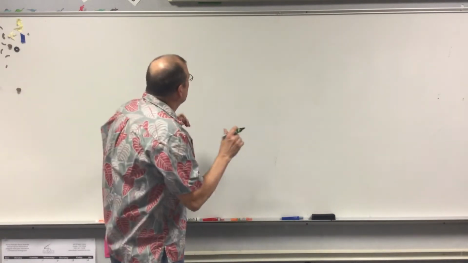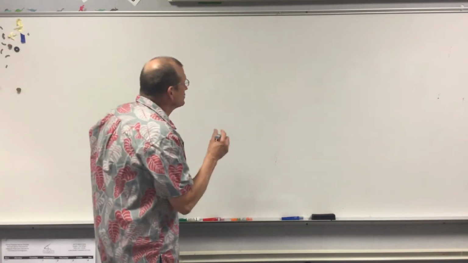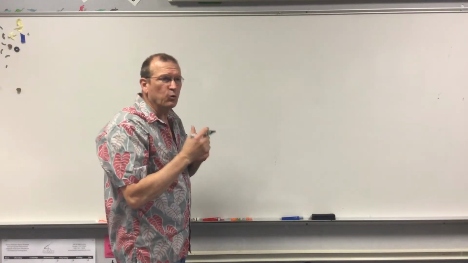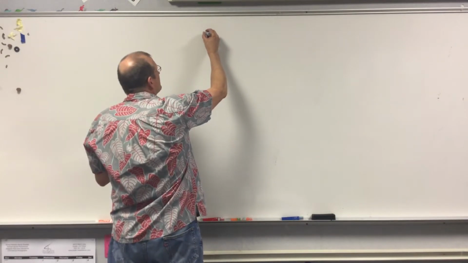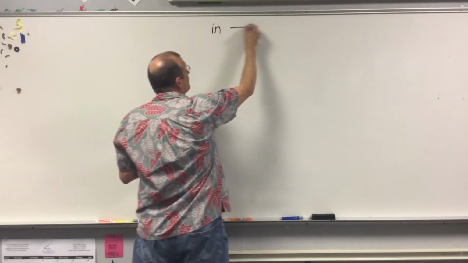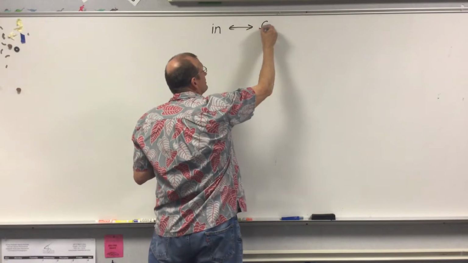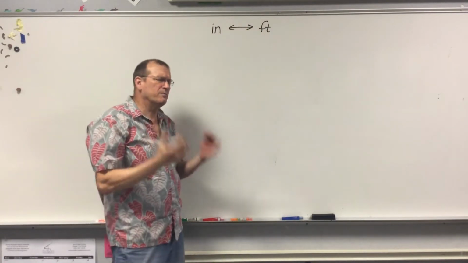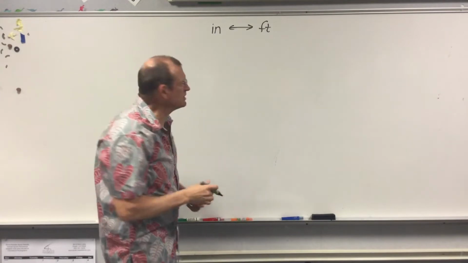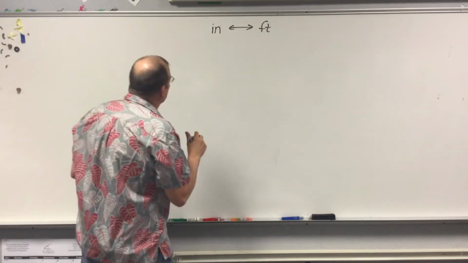Now, I'm going to start by talking about a real simple example of this, and that is going back and forth between inches and feet. Because this is one that most people would do just intuitively, but I want to point something out.